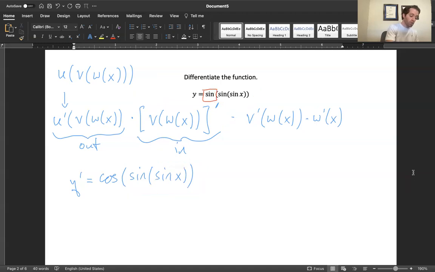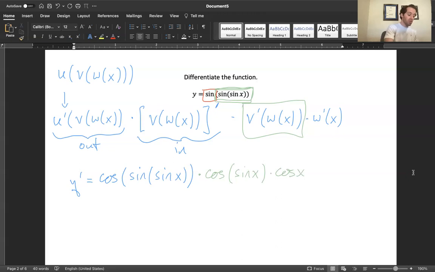Okay, so the derivative of the inside of that is cosine of sine of x times, well, now at this point, I've gotten to the v prime of w of x. So now cosine of sine of x, that means I'm treating this as its own inside-outside pair. So cosine of sine of x, and then times cosine of x, that's the innermost inside.